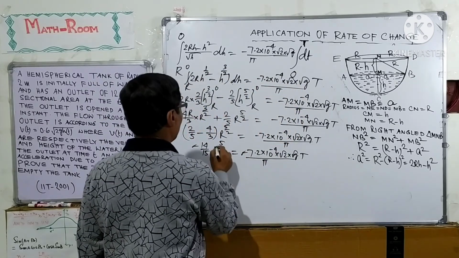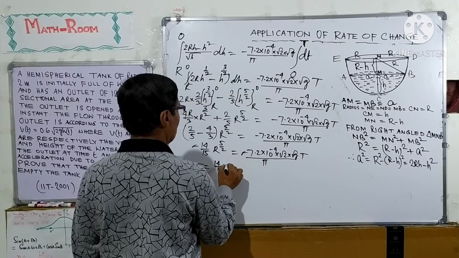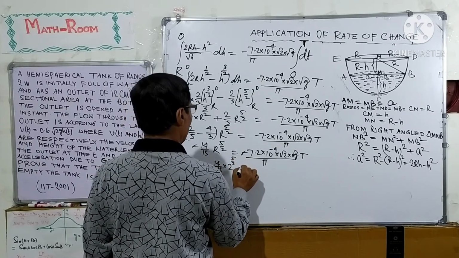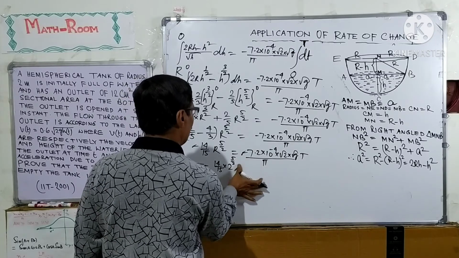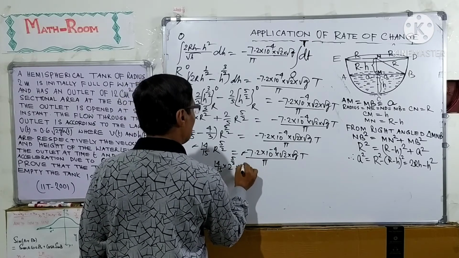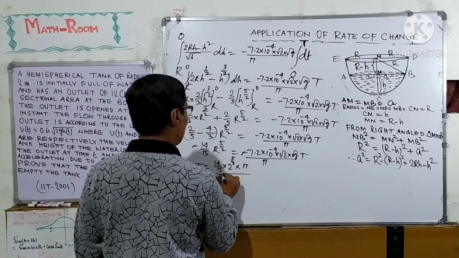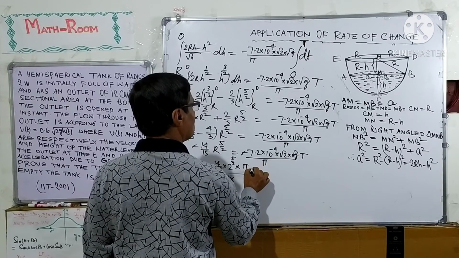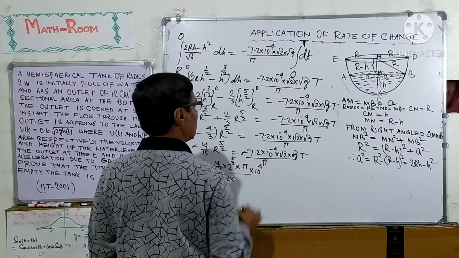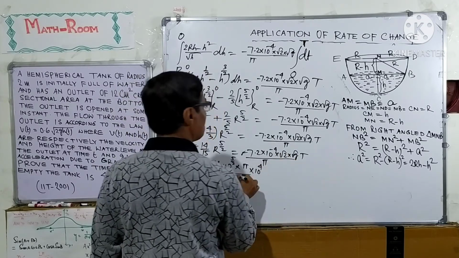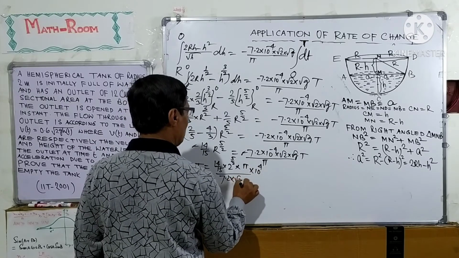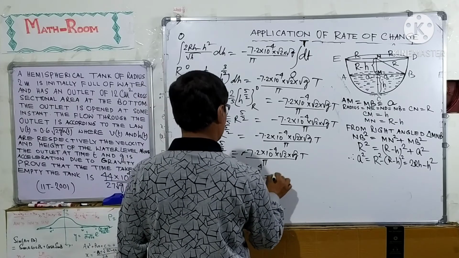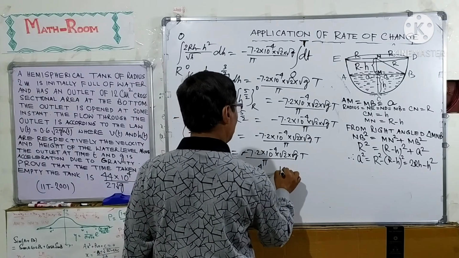So we can put the value of R, that is 2 to the power 5 over 2, into pi over 7.2 into 10 to the power plus 4, and here 7.2 into root 2 into root g, this is 14 over 15.